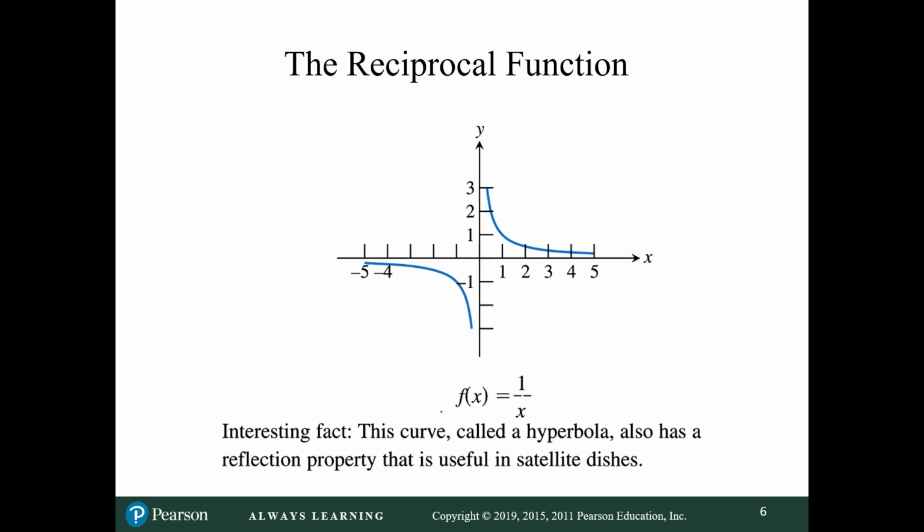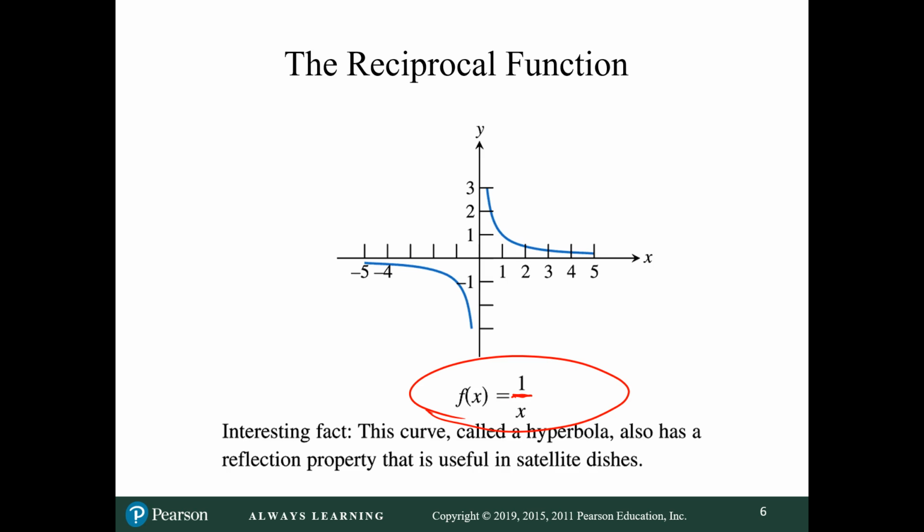The reciprocal function makes what's called a hyperbola. We'll study hyperbolas later this year, but we'll see this one a lot. 1 over x is a graph that looks like that.